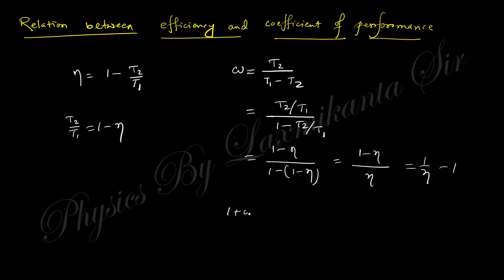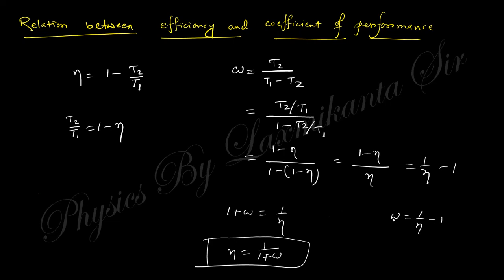So 1 plus omega equals 1 by eta, so eta equals 1 by (1 plus omega). This is the relation between the efficiency, eta, and the coefficient of performance, omega.